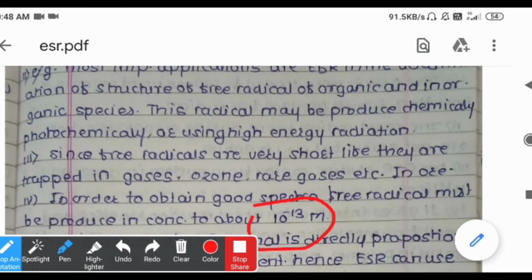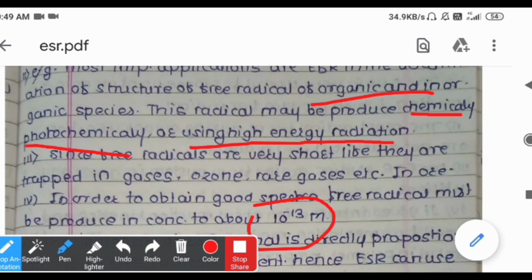The most important application of ESR spectrometry is the determination of the structure of free radicals of organic as well as inorganic compounds. These radicals may be produced chemically, photochemically, or by using very high energy radiations.